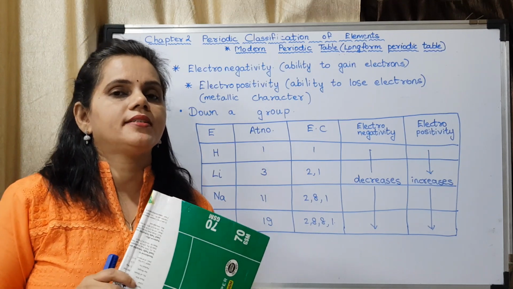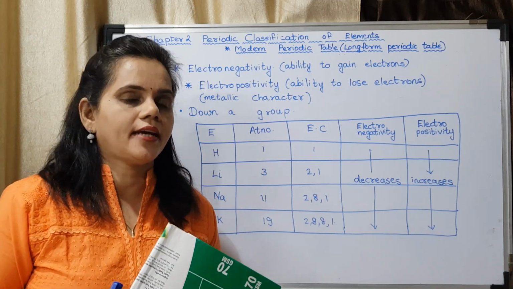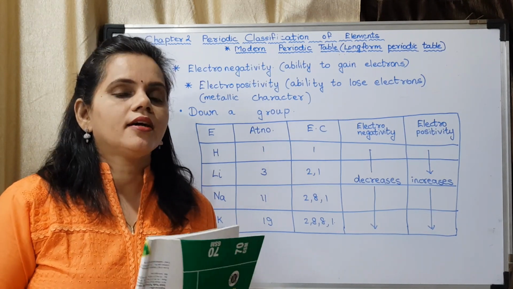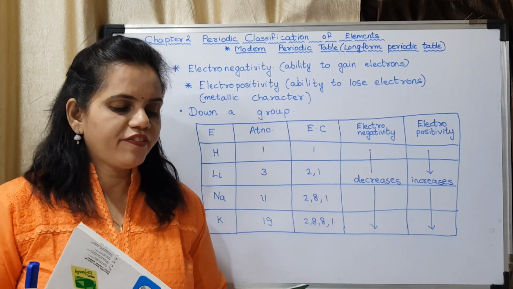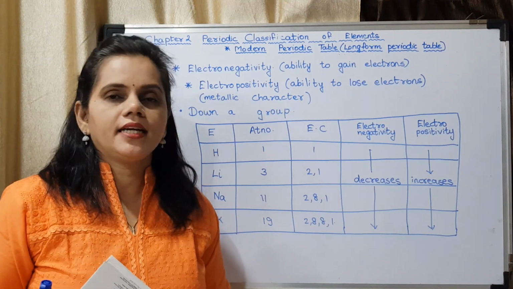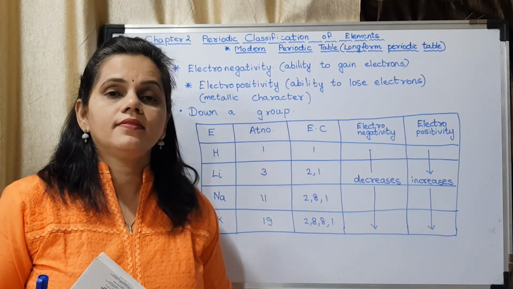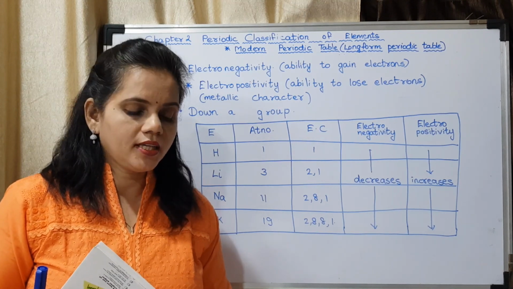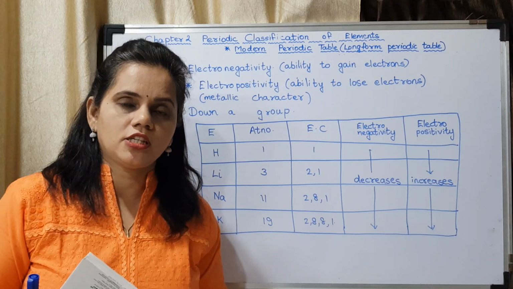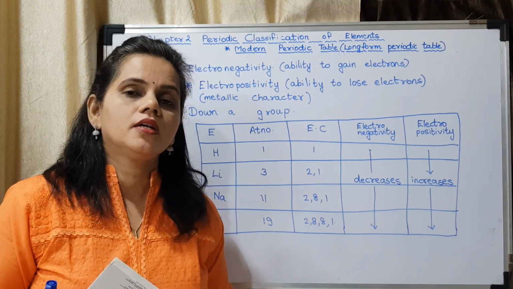Go through the chapter again and again whenever you get time, and if you have any doubts you may ask. Now the exercise. The first question is match the following. It is a very important question which is asked for 3 marks. The answers for the exercise questions are provided in the notes.